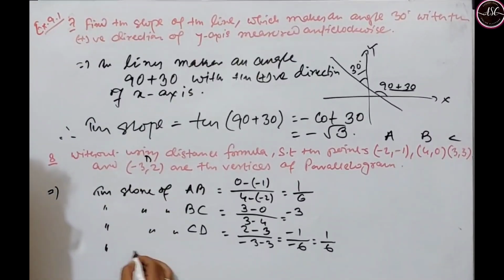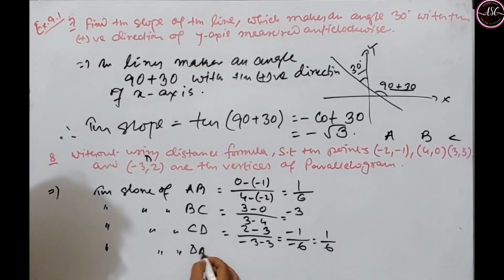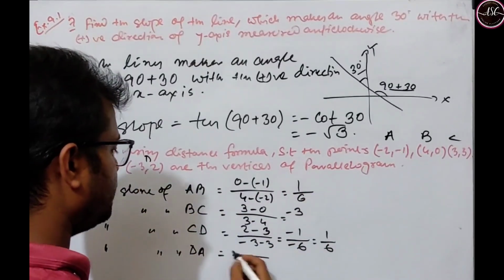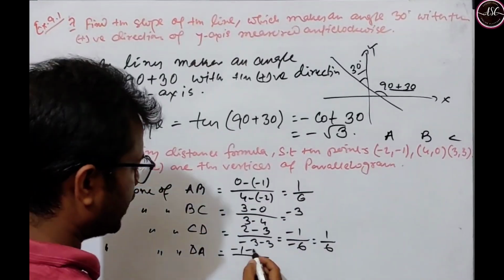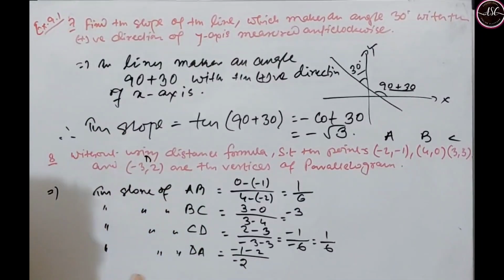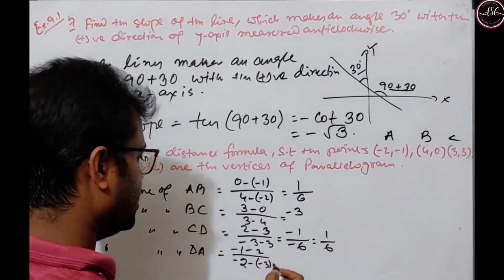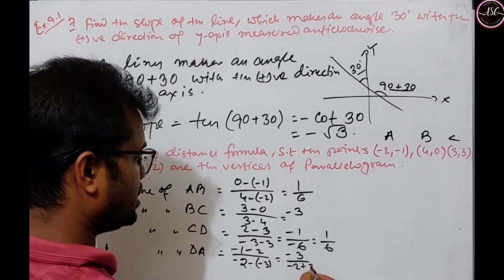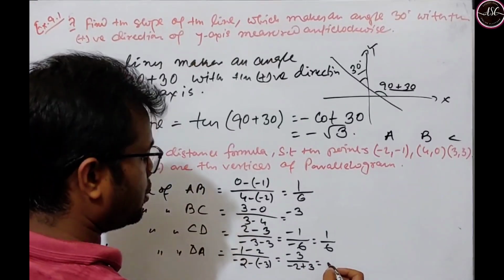And the slope of DA is minus 1 minus 2 divided by minus 2 minus (minus 3), that means minus 3 divided by minus 2 plus 3, that means minus 3.